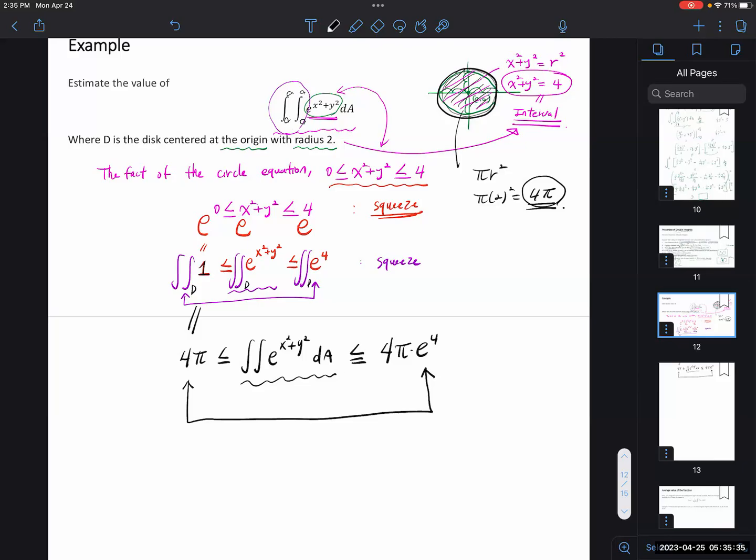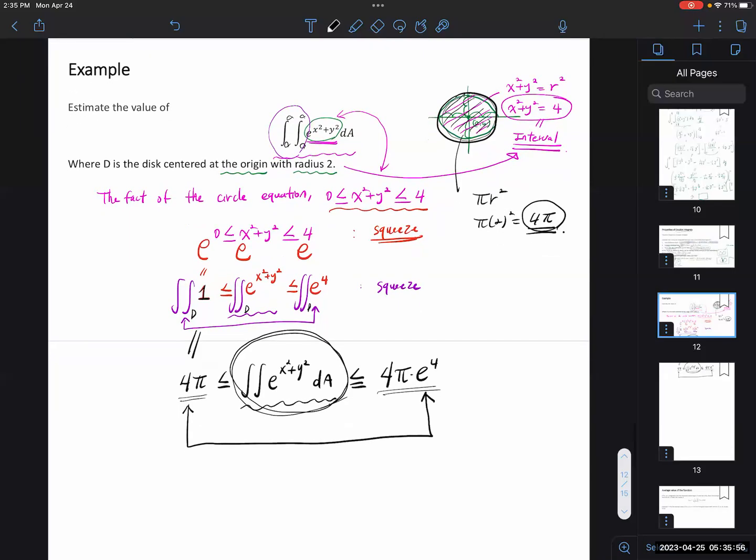So we believe the actual value that we're looking for is going to be between 4 pi and 4 pi times e to the 4. So that's the conclusion. Okay, just check this information. This is one of the questions where we are using the squeeze theorem. Okay, so I'm going to quickly hold up here. Are you guys okay with that?